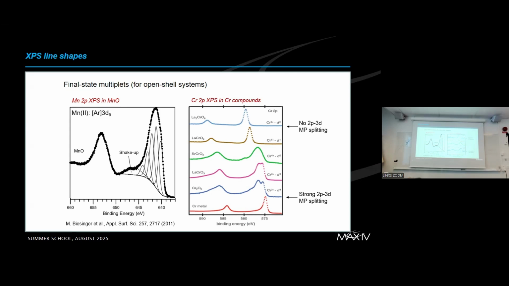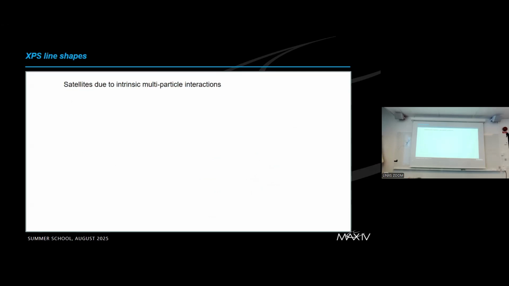We can see that if we don't have any d electrons in the valence shell, then our 2p core hole, this is chromium 2p spectra, has nothing to couple to, and it has only one single line here. But the more d electrons we create, the more open the shell becomes, and the more complex the shape also becomes. So this is final state multiplets.